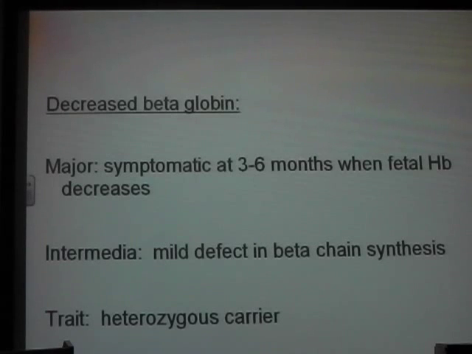Symptoms begin at 3 to 6 months, because that's when the fetal hemoglobin converts to your adult hemoglobin. So that's when you're going to first notice the fact that your beta globin isn't around. Intermediate is just mild, and you can have the trait if you're just a heterozygous carrier. So again, they can be confusing terms to get your head around, but basically it's just saying how severe the thalassemia is, depending upon the number of mutations.